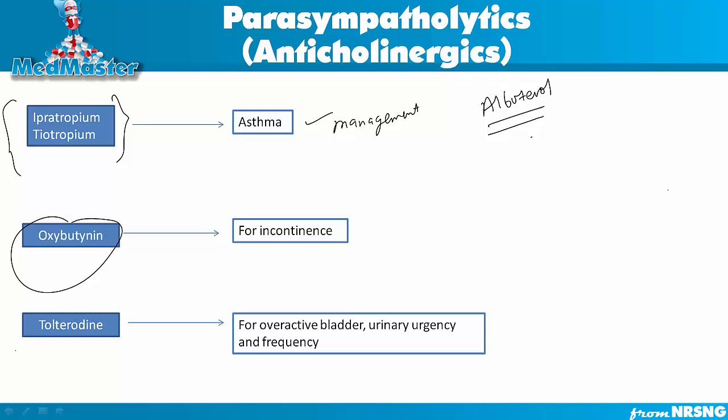The other drug is tolterodine. That's also for overactive bladder and urinary urgency and frequency. If someone is having urinary urgency and frequency, this drug will decrease the urgency and frequency as well. It works on the urinary bladder well.